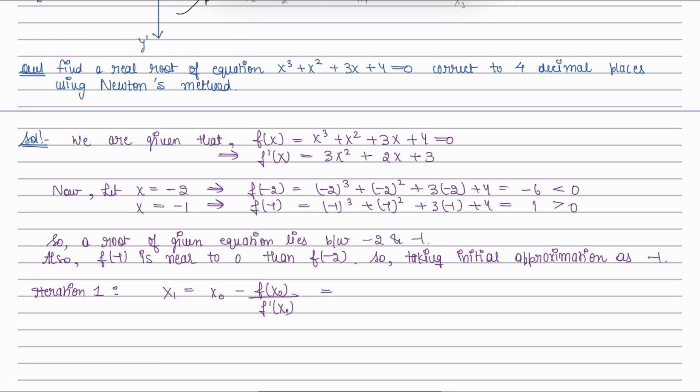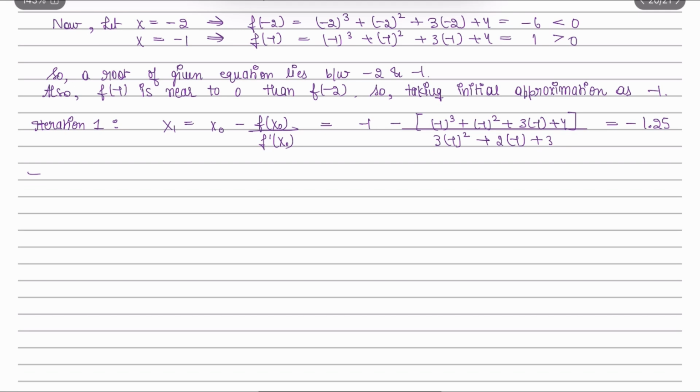Substituting the values, we get minus 1 whole divided by 3 into minus 1 square plus 2 into minus 1 plus 3, whose value becomes minus 1.25.